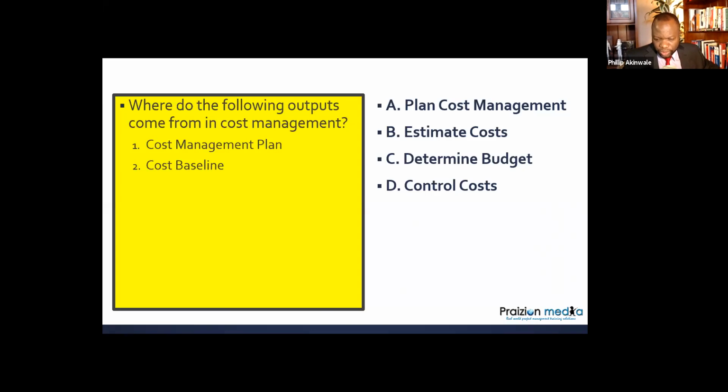Let's end the poll and share the results. It's 20 seconds, folks. We have to be really quick. You've got a ton of stuff to cover tonight. So the answer to this one, as you can probably guess, the cost baseline is from determine budget. The cost baseline is an output of determine budget.